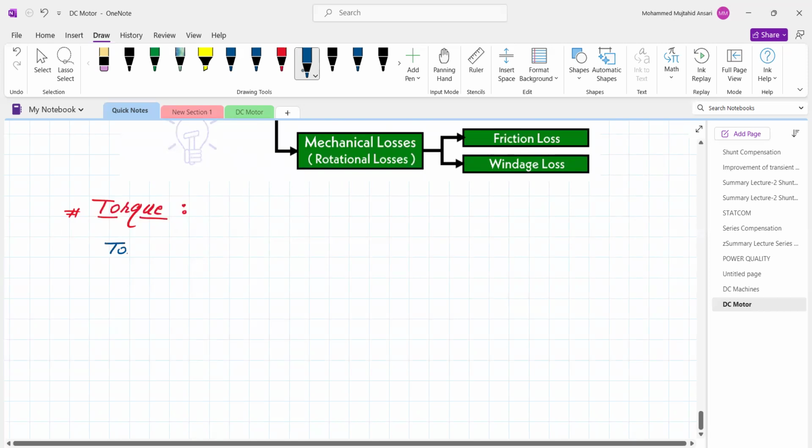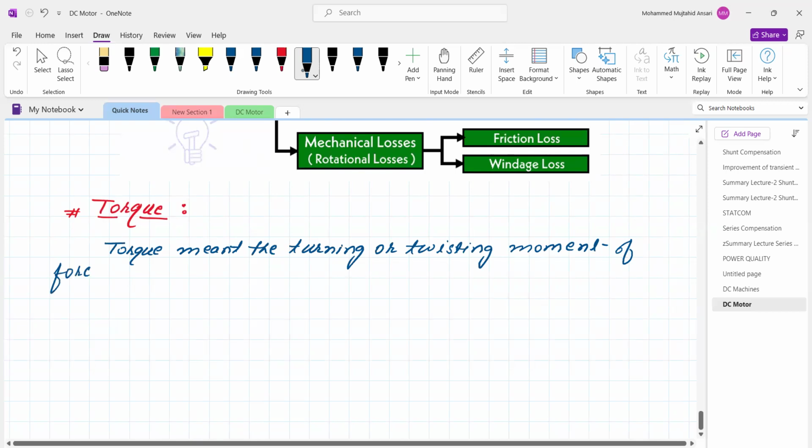means the turning or twisting moment of force about an axis.